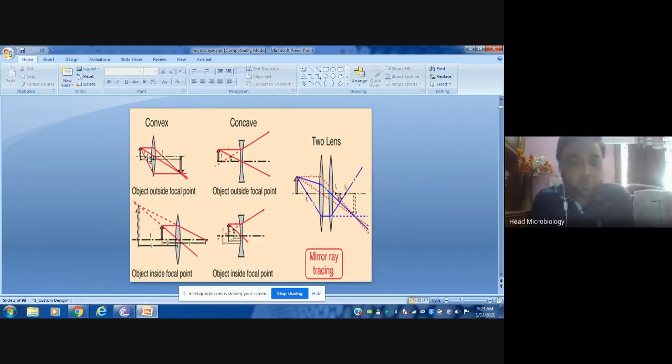There are two lenses in a microscope. One is the objective lens, another one is the ocular lens or eye lens. So this principle, when the object is placed just beyond the focus point, beyond the focal length, then what happens? The image is inverted and magnified, and it is created on the opposite side of the lens, isn't it? See here, it is kept.